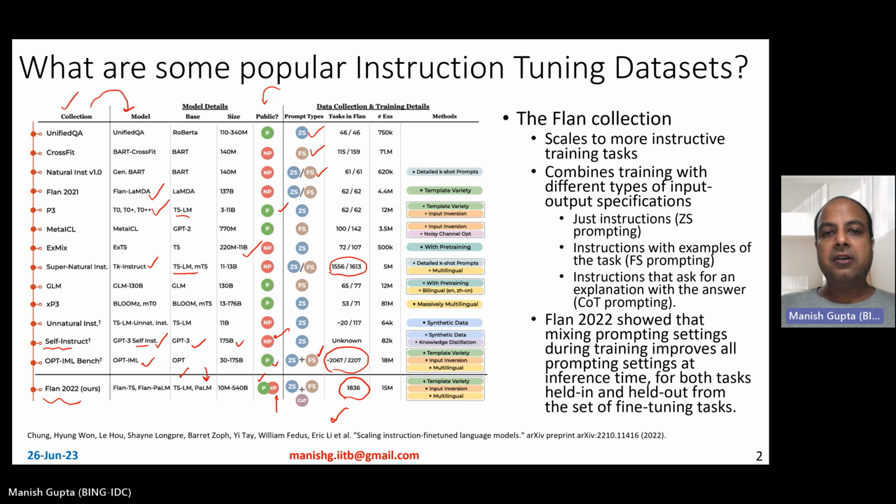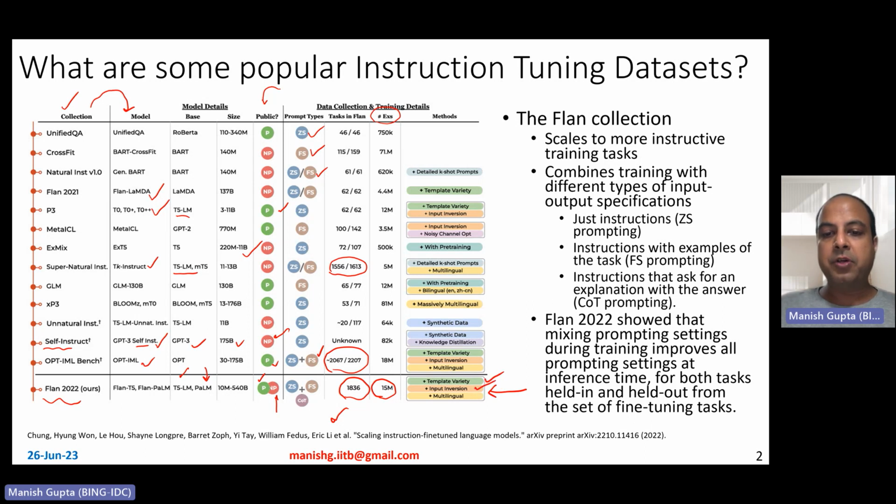Right. Now, that's the number of tasks, but the datasets also differ in terms of number of examples. And this particular Flan 2022 collection actually has 15 million training examples, fine-tuning examples. The examples differ across other dimensions as well. For example, in Flan 2022, we have template variety, so different types of prompts.